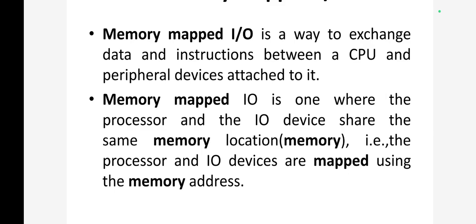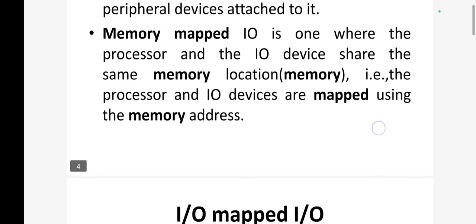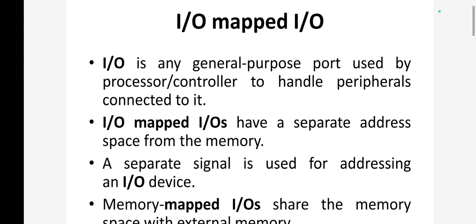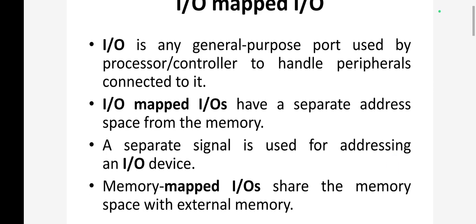The processor and input output devices are mapped using the memory address, whereas IO mapped IO is a general purpose port which is used by any microprocessor or even microcontroller to handle the peripherals which are connected to it.